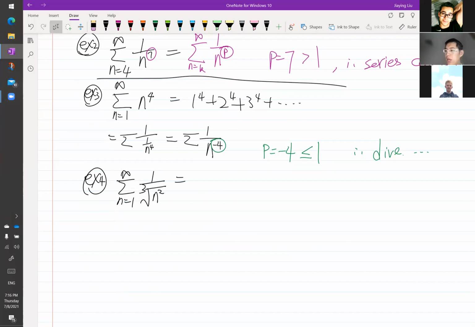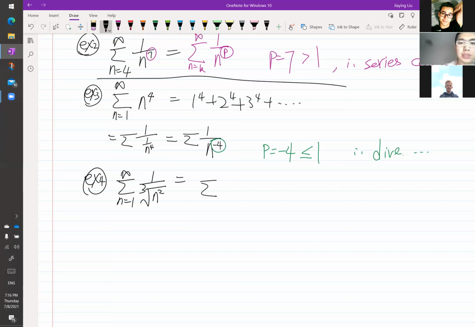Okay, good. How about the last one? It diverges. Good. Excellent. So again, we just have to do a little bit of algebra to make it in the correct form. I'm going to rewrite the denominator using exponents.